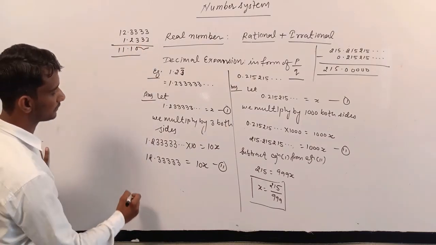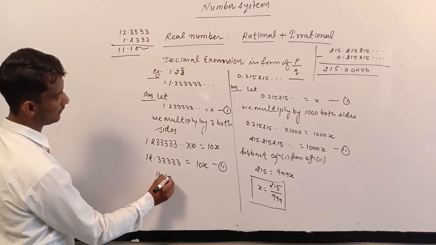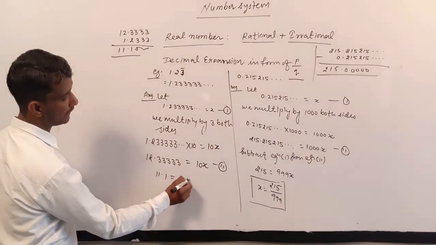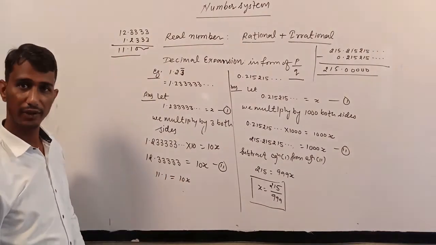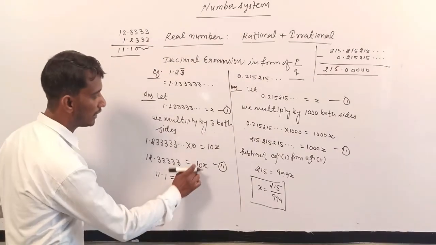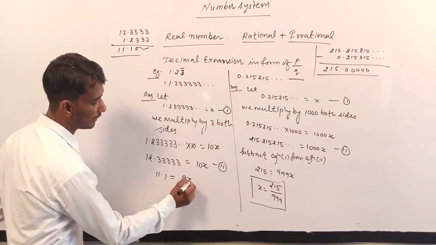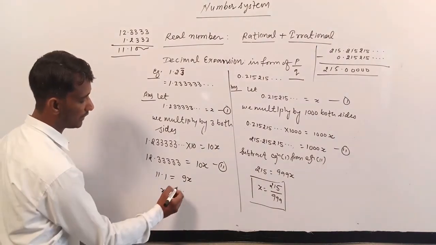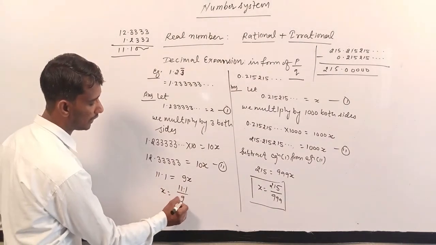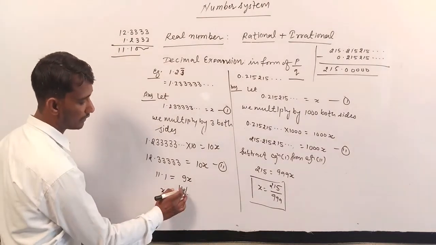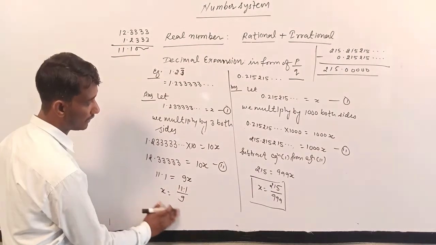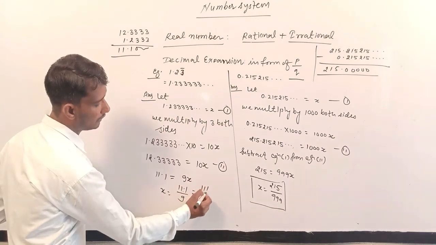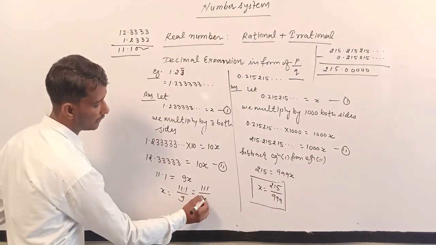So 11.1 is equal to 9x, since 10x minus x we get 9x. Any problem? Now we want to find the value of x, so we get 11.1 upon 9. Now remove the decimal sign, so we write here 111 upon 90.